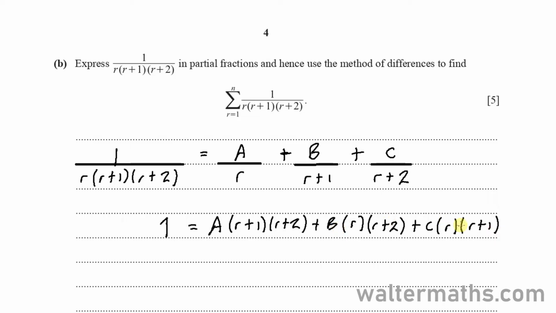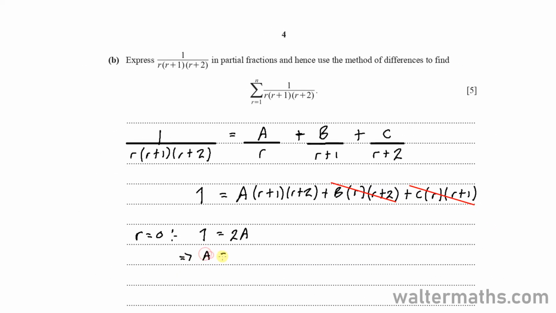So this is what we'll be having here. Now if r = 0, then we'll have 1 on the left side, and the B and C terms will be cancelled out, so we'll have 2A, which therefore gives us A as a half.